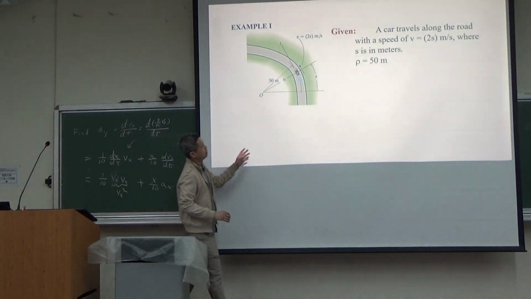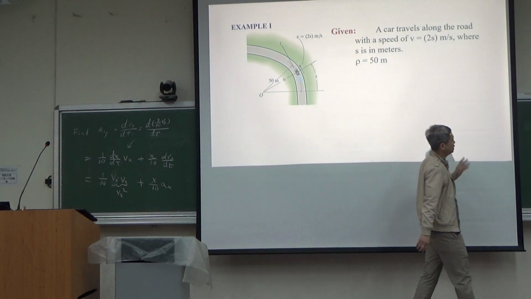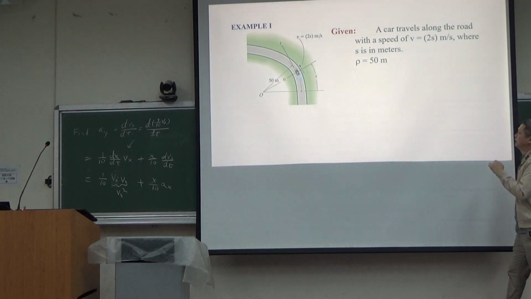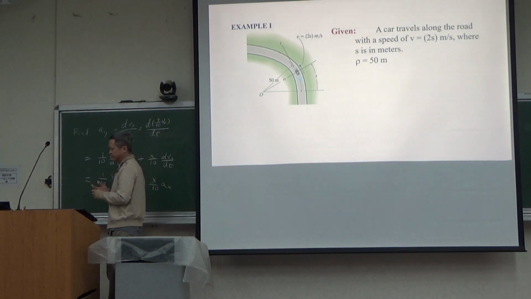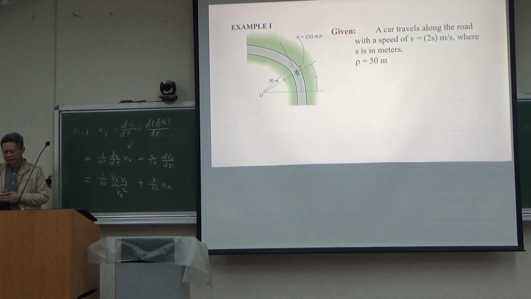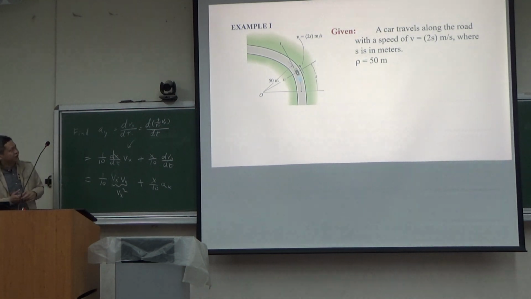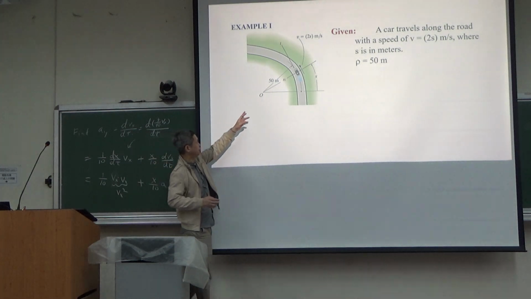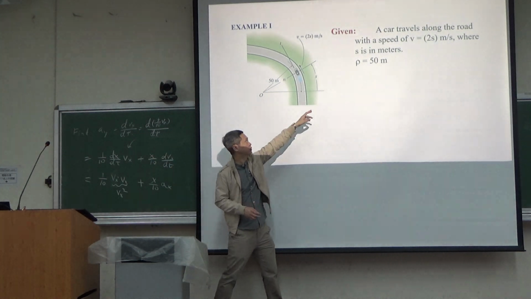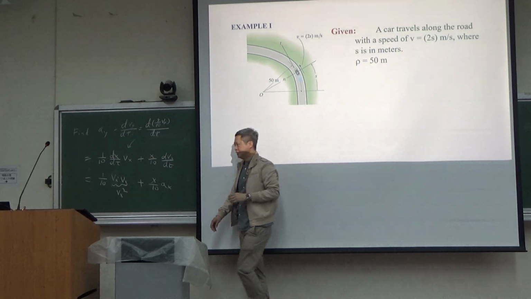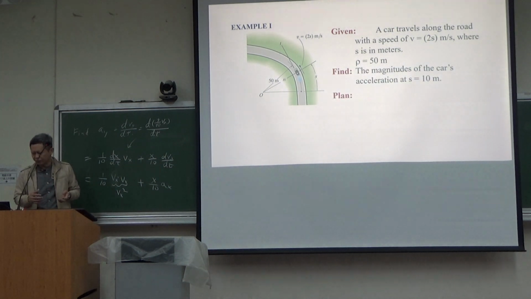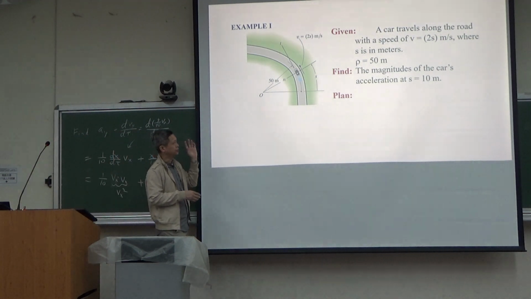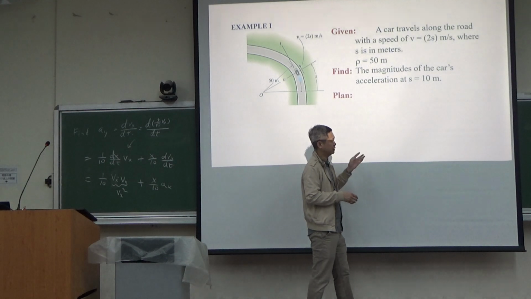A car is traveling along a road, and it happens that the speed is related to the distance traveled along the circle. The circle has a radius of 50 meters, so rho for radius. Then you are asked to find the magnitude of the car's acceleration at the distance s equal to 10 meters along the arc.